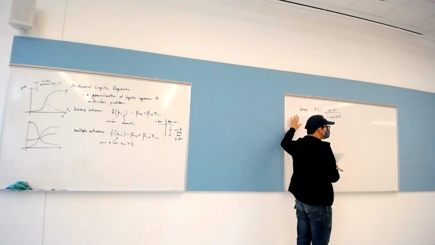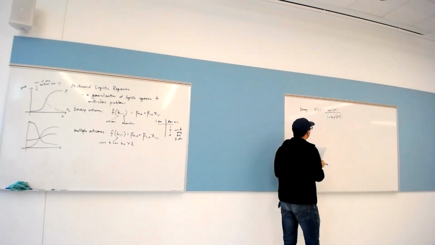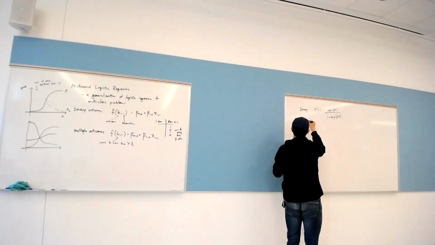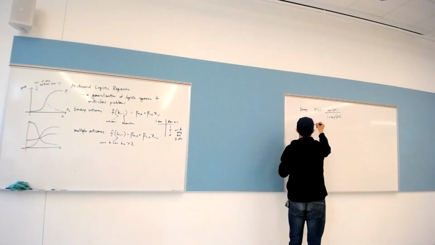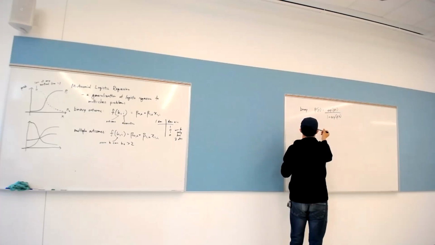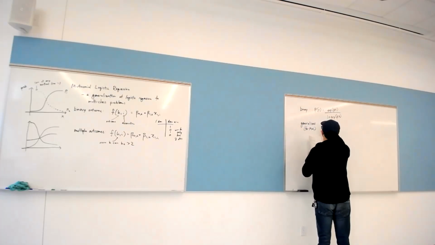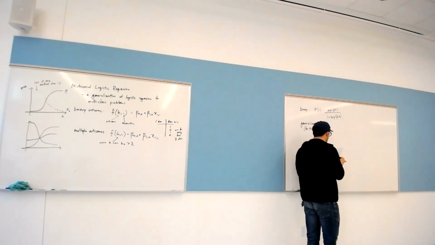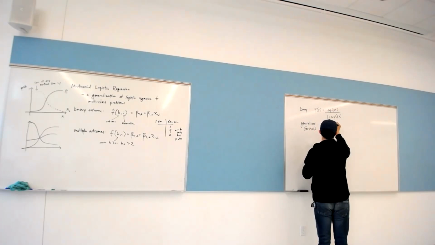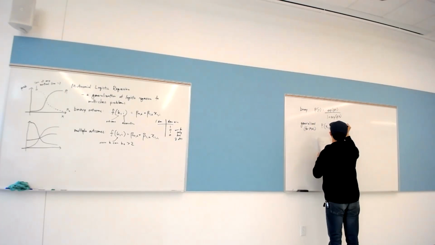And I'll show the generalized version. We're not going to derive this, but just know that it looks something like this. Generalized, this is for your MNL. So the probability of X, and let's say outcome C.